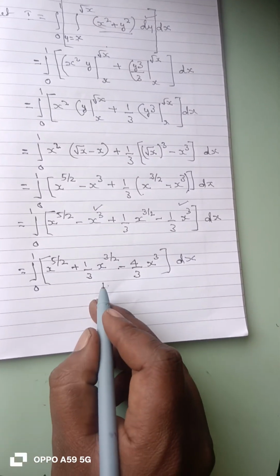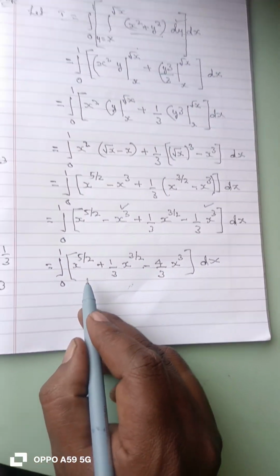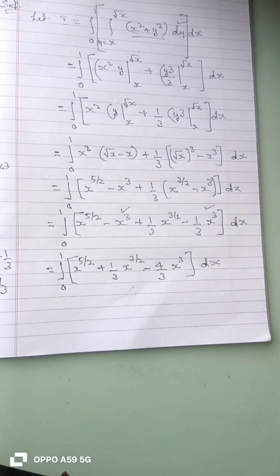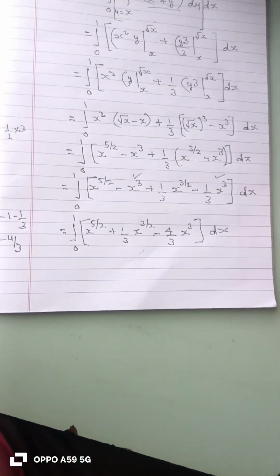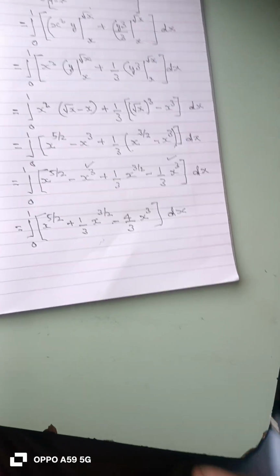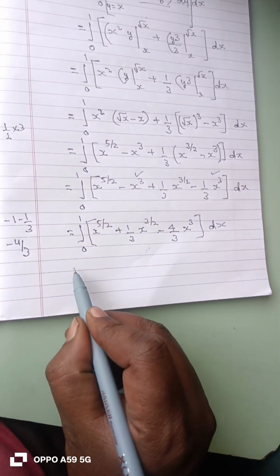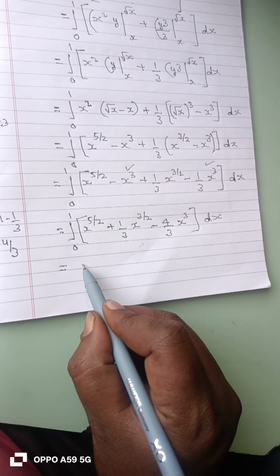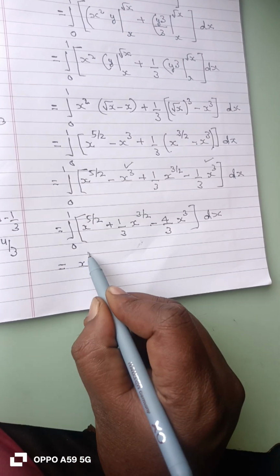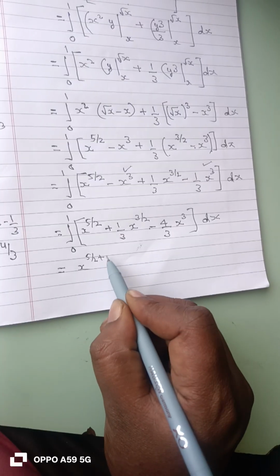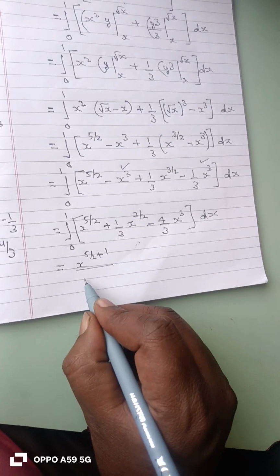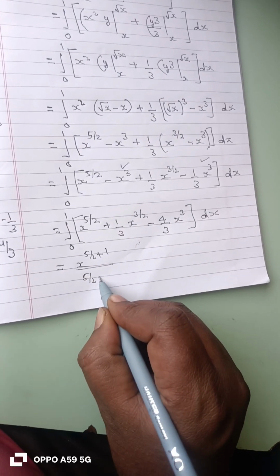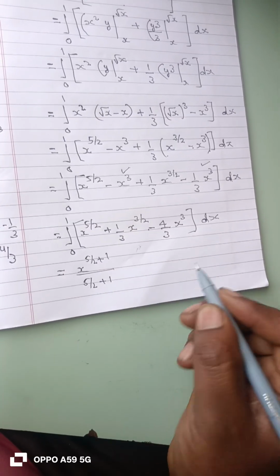Now you can observe all the terms we have simplified and everything we are getting as a pure x variable only. With respect to dx, we are going to do the integration now. In this step, this is the integration of x to the power of 5 by 2, it will become x to the power of 5 by 2 plus 1 divided by 5 by 2 plus 1.